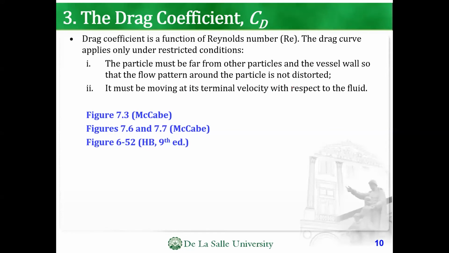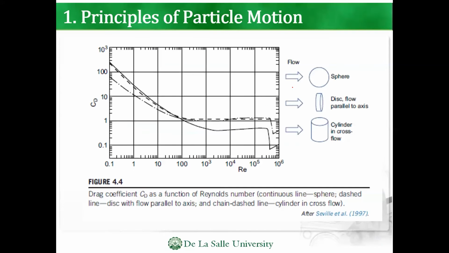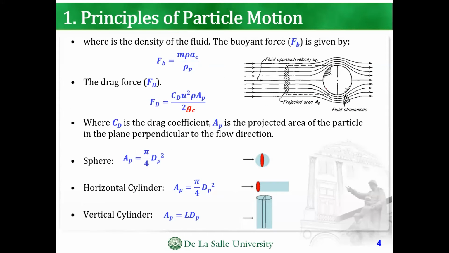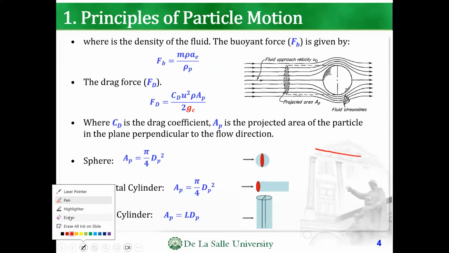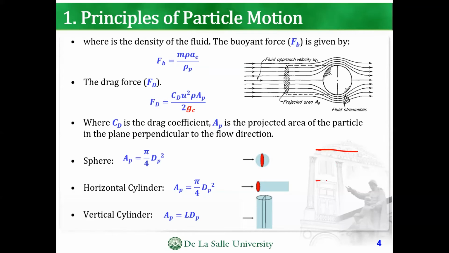That's why you can see here that as you go near this particle, the motion becomes distorted. So if there is another particle that's a bit close to this, the motion would already be distorted. And it should not be against or near the walls. Why? For example, say these are the walls.